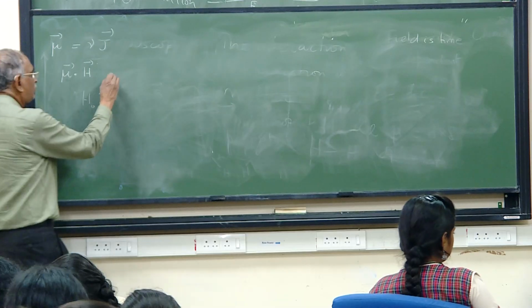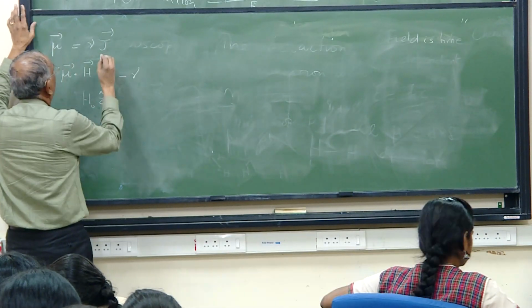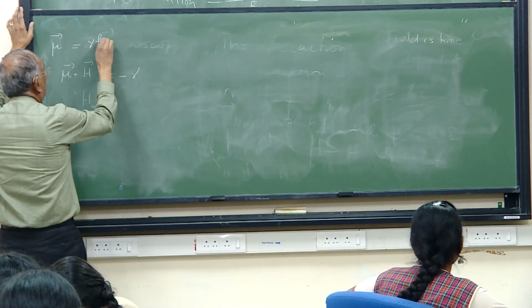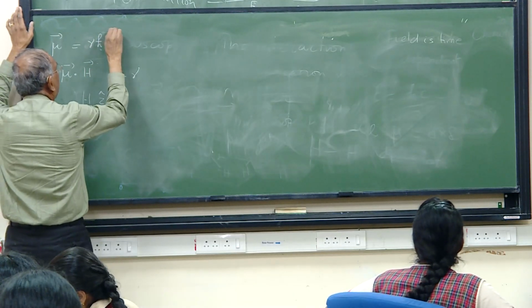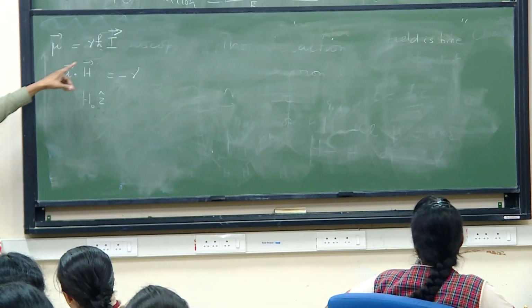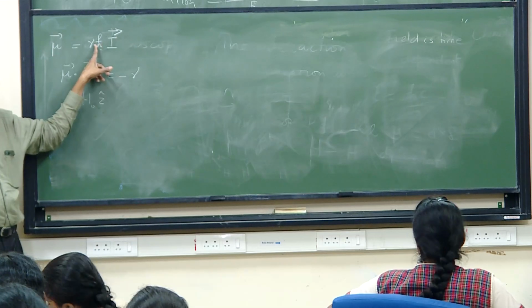So what you have is minus gamma. The J is actually, I should write, gamma h bar I, where I is the angular momentum vector without dimension. Angular momentum has the dimensions of h or h bar. H bar is h by 2 pi.